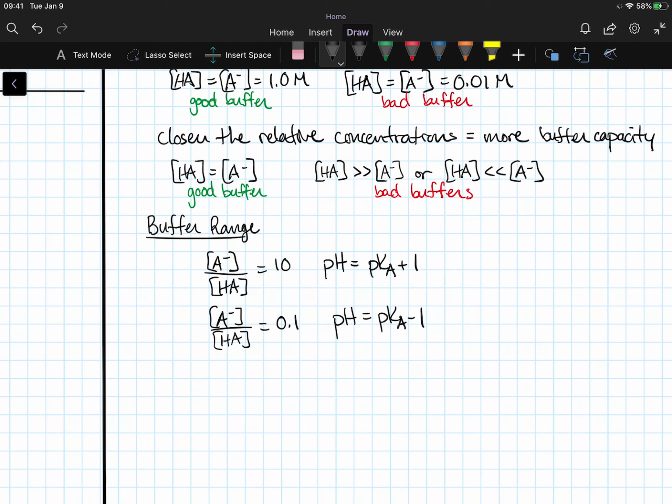So we say a buffer has a usable range around plus or minus 1 pH unit of the pKa.